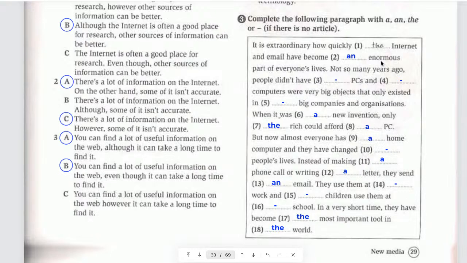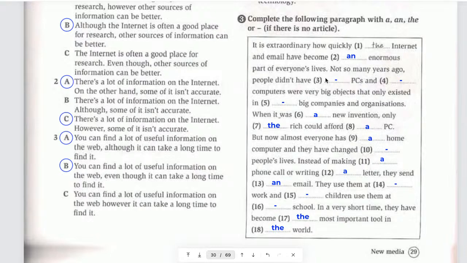Yes, that is the first time you mention an enormous part of everyone's lives. So that's why we have to use a or an, and in this case we use an. That's right. So this is point number 1: use a or an with a singular countable noun for the first time you mention it.